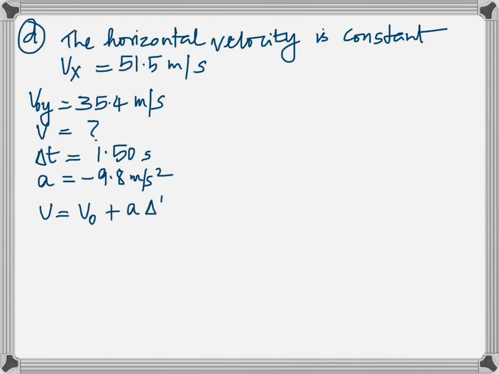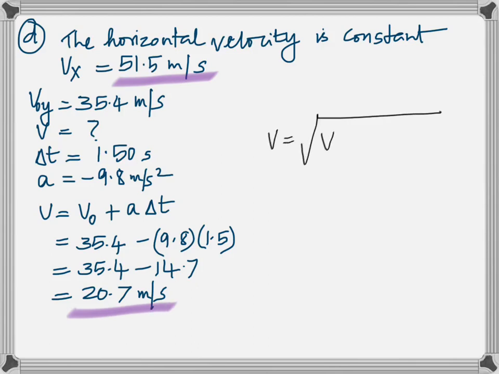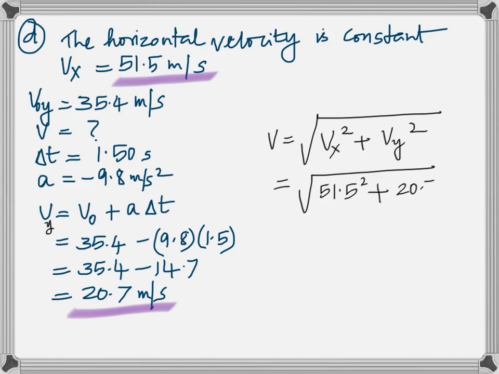Use this equation and calculate it. The vertical velocity is 20.7 meters per second, and therefore the actual velocity is going to be the square root of the sum of the squares of these. It's 55.5 meters per second.